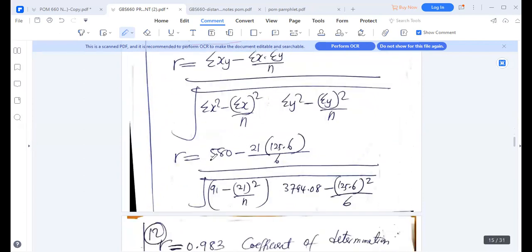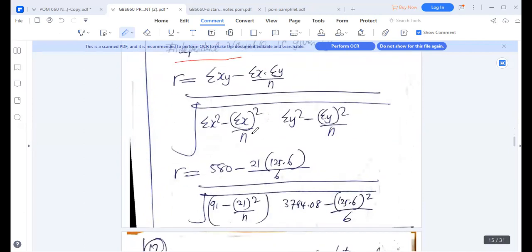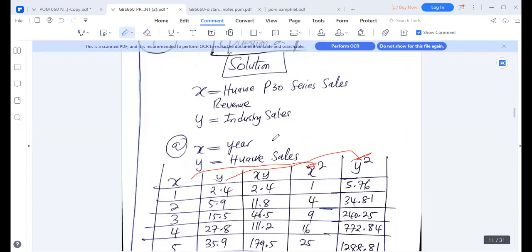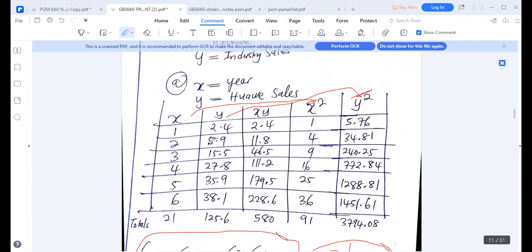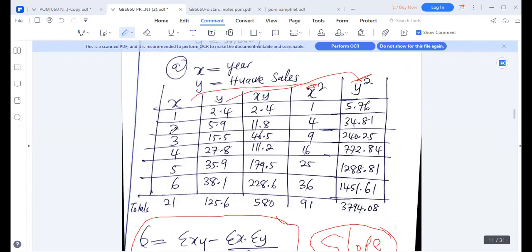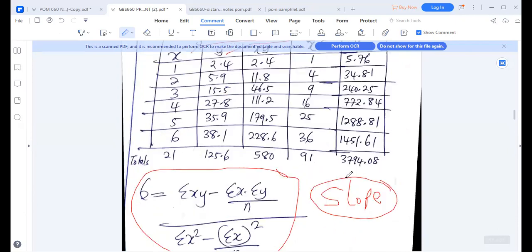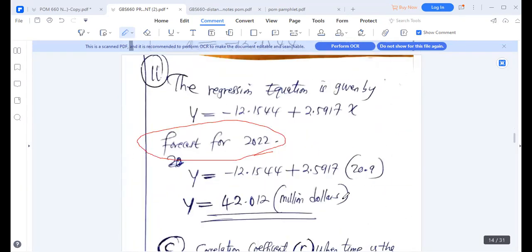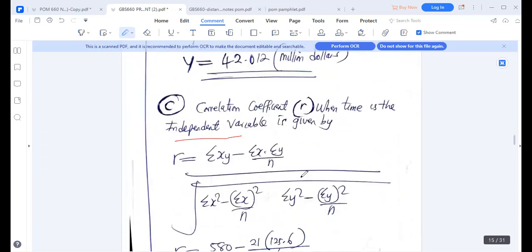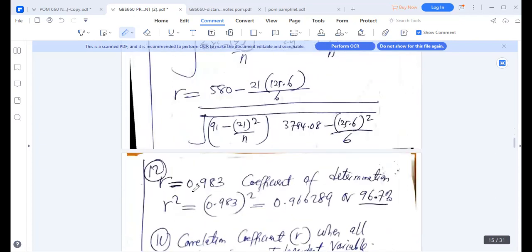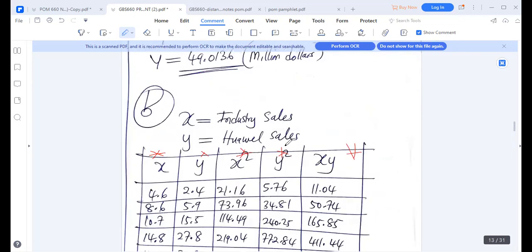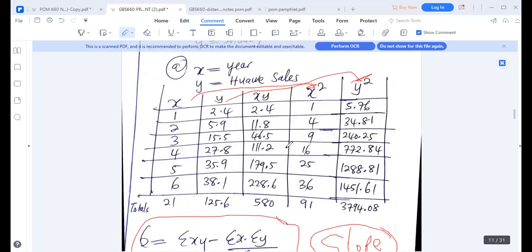After substituting in this formula, using the first data, the first component when time, the year in fact, was independent, we are using this data to find our R. Substituting in this kind of problem, our correlation coefficient gave us 0.983, using the first information when time was an independent variable.